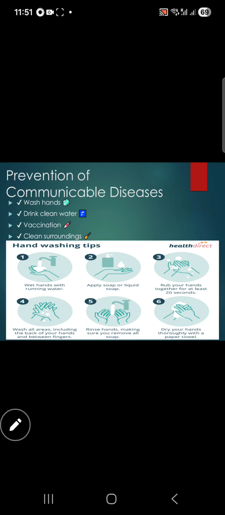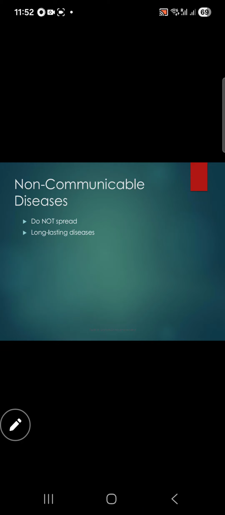Hand washing tips: wet hands with running water, apply soap or liquid soap, rub your hands together for at least 20 seconds, wash all areas including the back of your hands and between fingers, rinse hands, make sure you remove all the soap, and dry your hands thoroughly with a paper towel. This is the last step. So we have to follow these steps for washing hands.